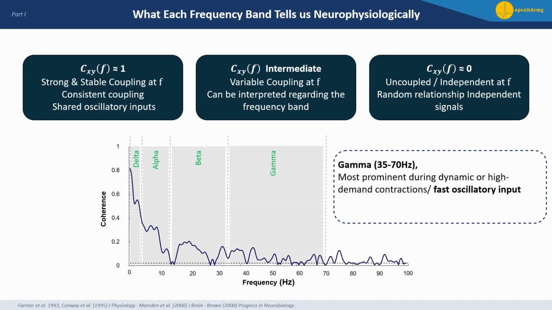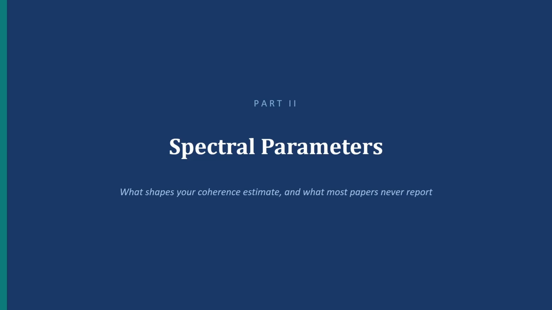And lastly, we have our gamma band between 35 to 70 Hz, most prominent during dynamic or high demand contractions, like fast oscillatory input.